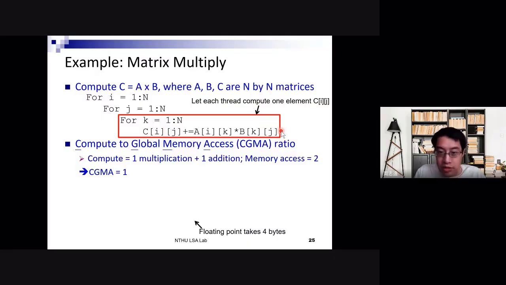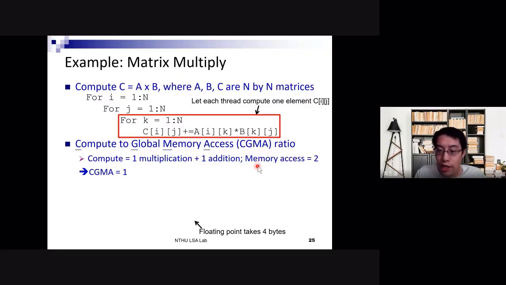For compute, we simply count the number of operations. We have one multiplication and one addition, so that's two compute operations.